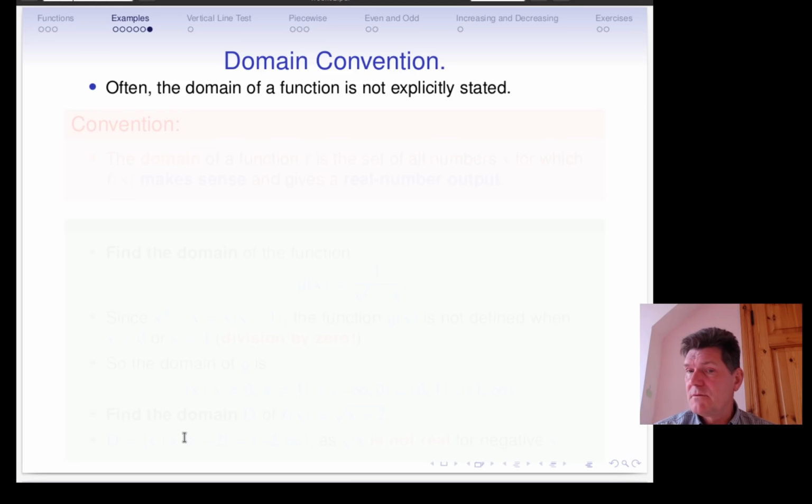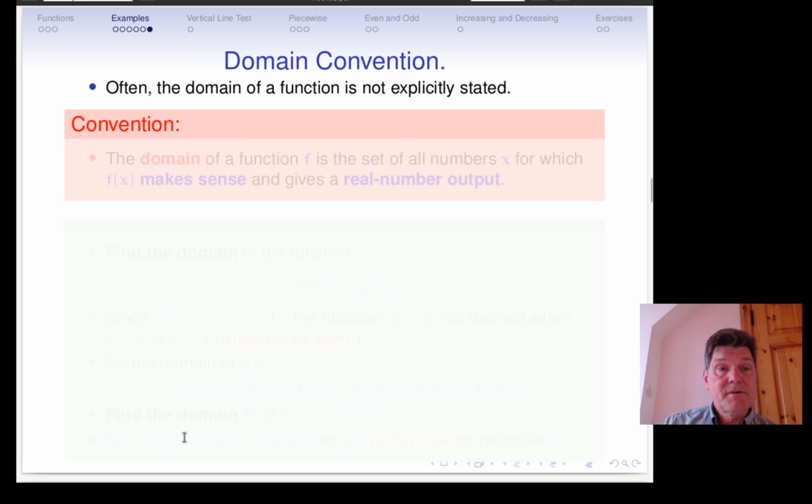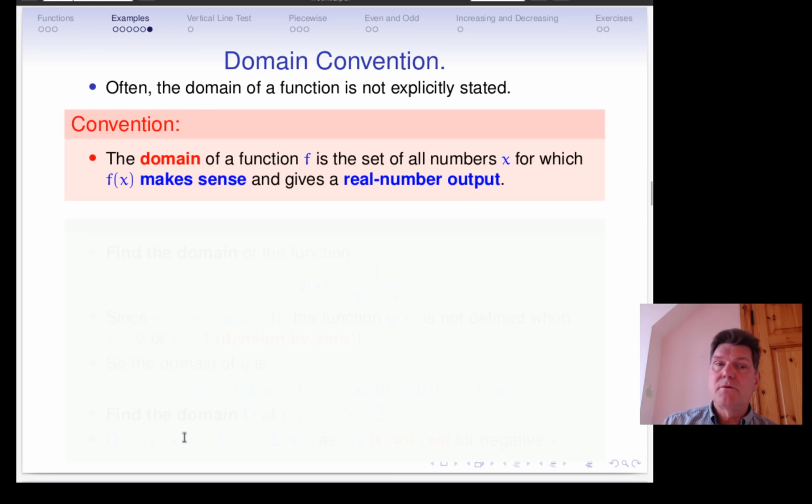That raises the question, what is the domain of this function if it's not stated explicitly? We will use the following convention in such circumstances. We say that the domain of a function, if it's not explicitly stated, is the set of all numbers x for which f of x makes sense and gives a real number output.